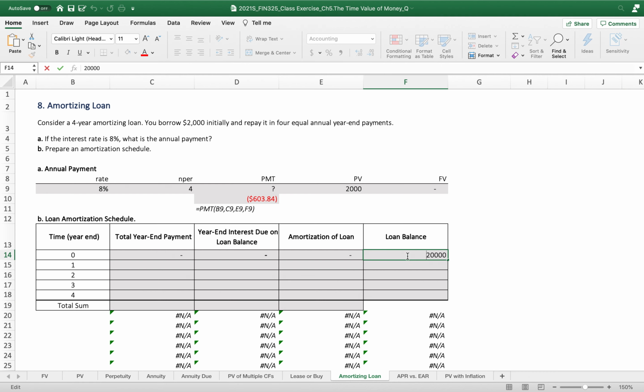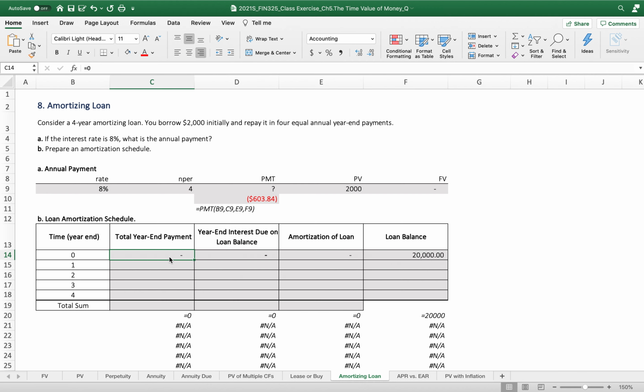I just want to use the equal sign so that you can see this is just 0. Okay, then the year-end payment is 603.